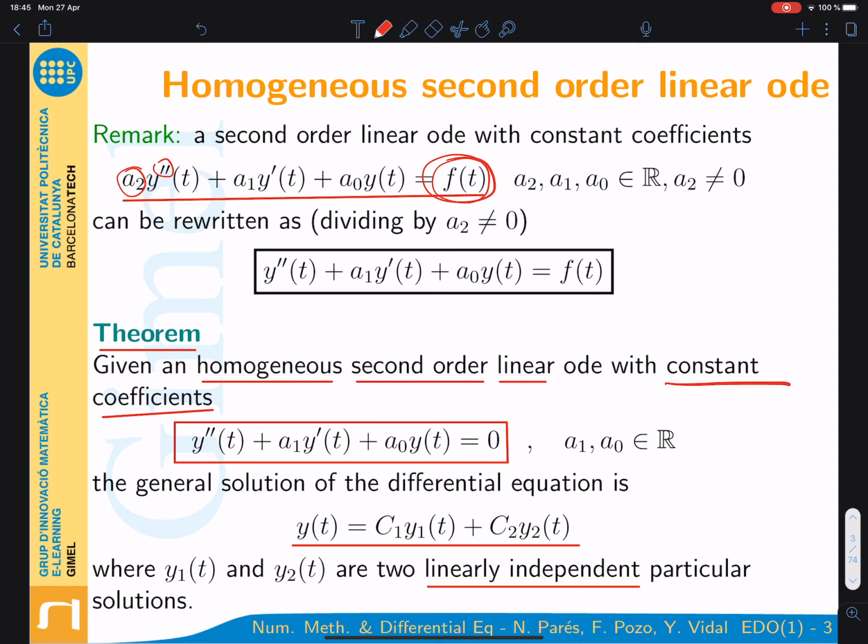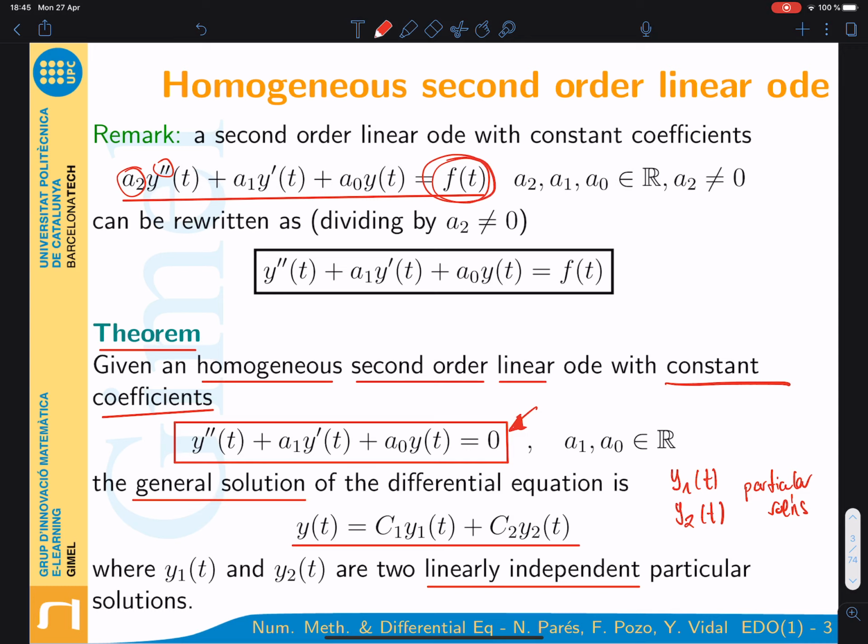So what's the meaning of this theorem? If I'm capable to find 2 different particular solutions of this differential equation I want to solve, then the general solution is very easy to be written.